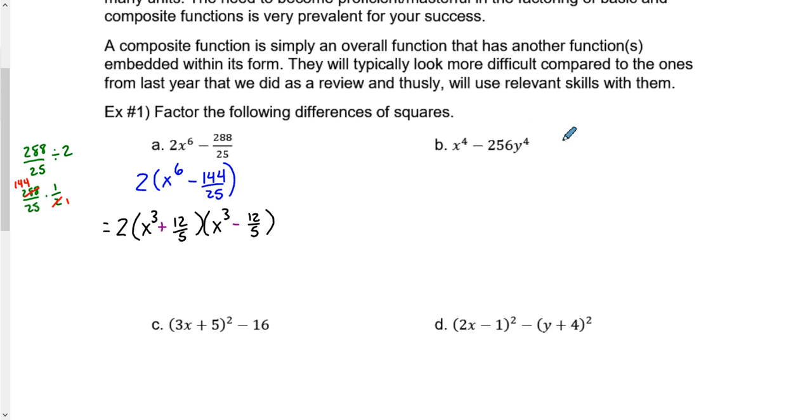When we do x to the power 4 subtracting 256y to the power 4, well, we make 2 sets of brackets. The square root of x to the power 4 is x squared. And the square root of 256y to the power 4 will be 16y squared.